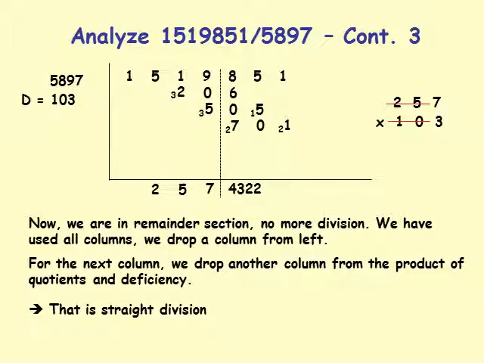So we got 7 times 3 is 21, and this is 21 right here. And that is what straight division is. In the Nikhilam method, we apply the deficiencies proactively, and in straight division, we use those adjustments due to deficiency at the time we need to use them. Let's continue.